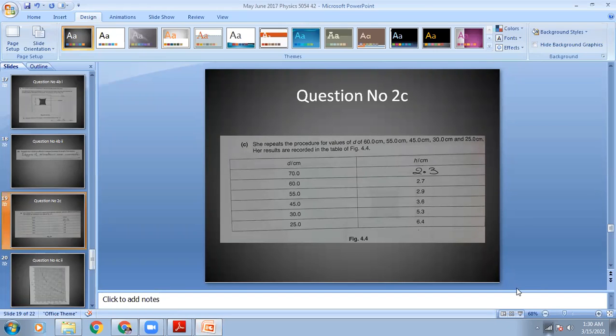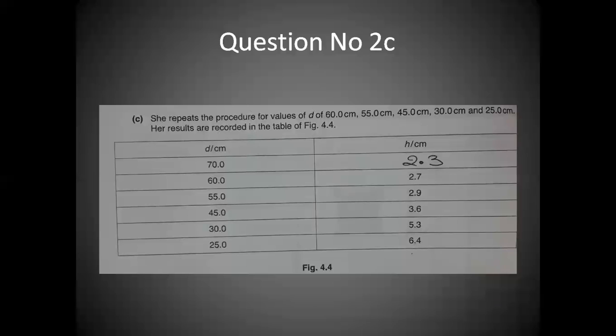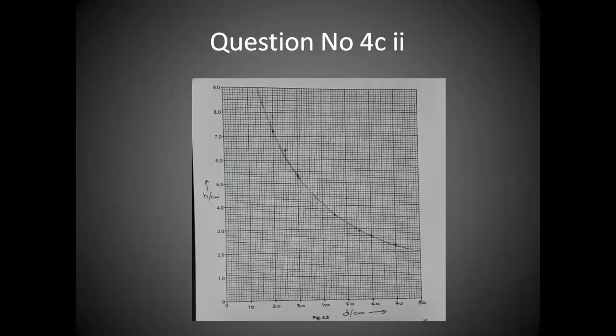So this is your x values and this is your y values, and here you can see I have tried to plot it. So 10, 20, 30, 40, 50, 60, 70, 80 for small d in centimeters, and h is here, 1, 2, 3, 4, 5, 6, 7.